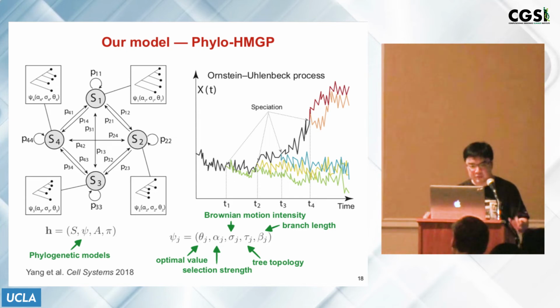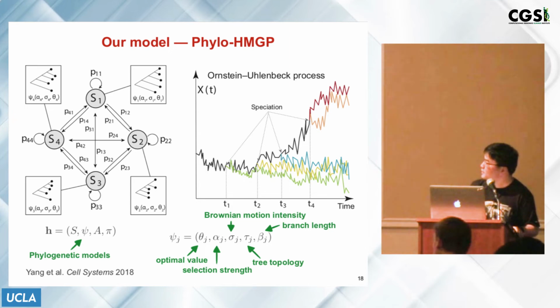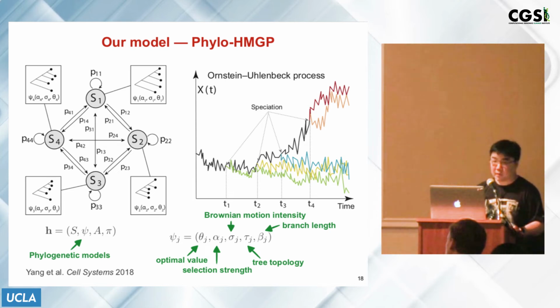In essence, it is still an HMM, and the states represent different phylogenetic models, and you have transition probabilities between these states. But the key is the emission here.